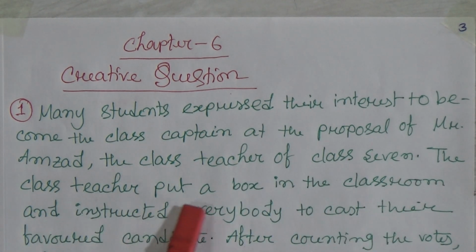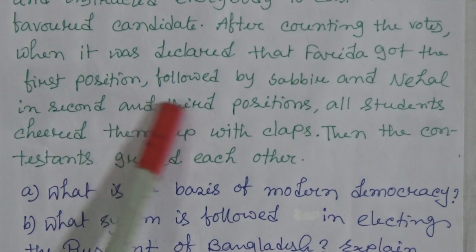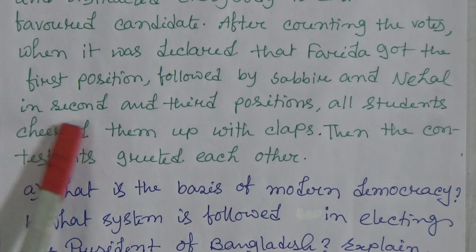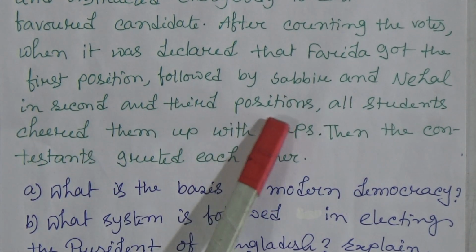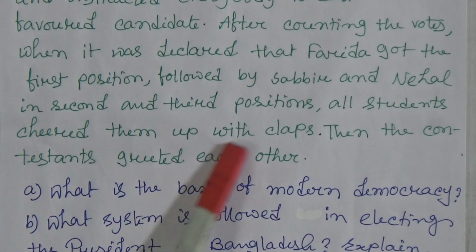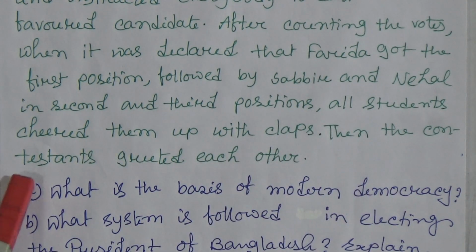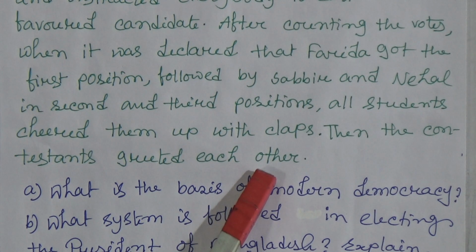The class teacher put a box in the classroom and instructed everybody to cast their vote for their favorite candidate. After counting the votes, when it was declared that Farida got the first position, followed by Sabir and Nehal in second and third position, all students cheered them with claps. Then the contestants greeted each other.